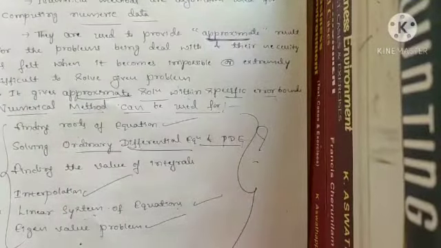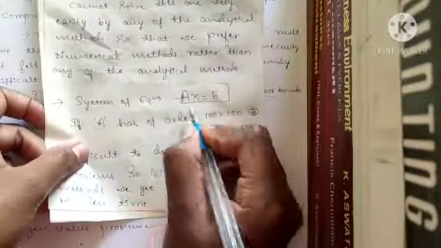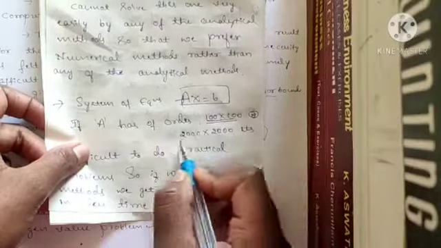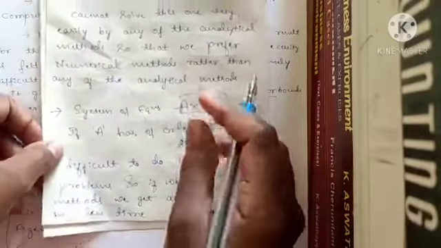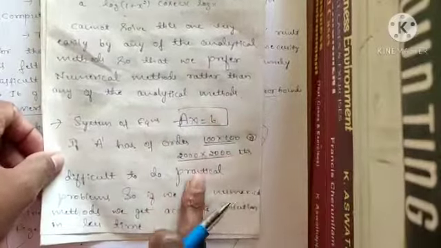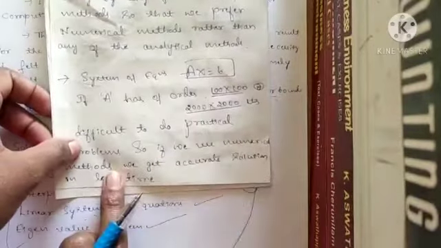If they give 100 cross 100, the system of equations is A into x equals b. If A is of order 100 cross 100 or 2000 cross 2000, it is very difficult to solve in a practical way. So for that purpose, you are going to use the numerical method.